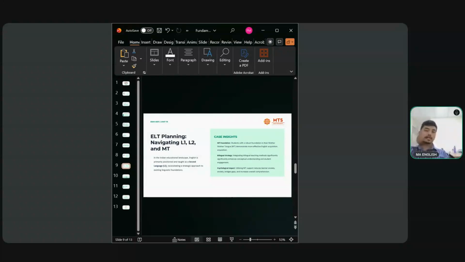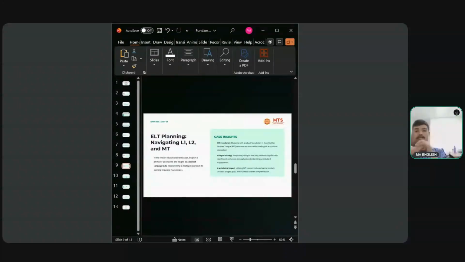Now, as you can see here on the slide, it tells us something very important from the research. Students who have a strong foundation in their mother tongue tend to be more successful at learning English. This might seem surprising at first. Why would that help? The answer lies in how language learning works.